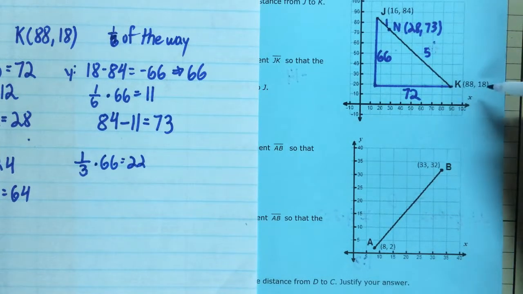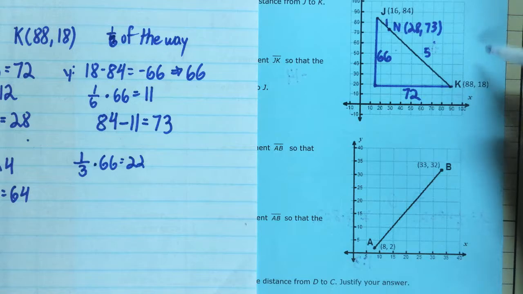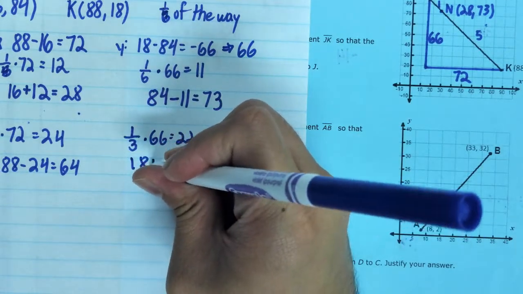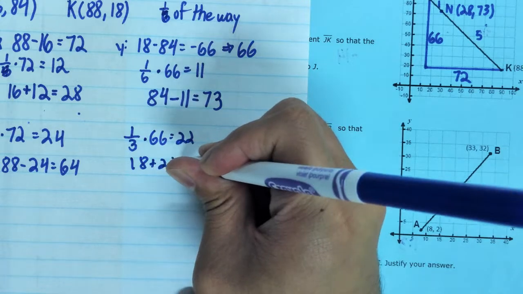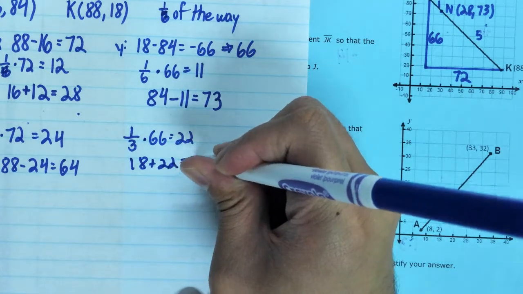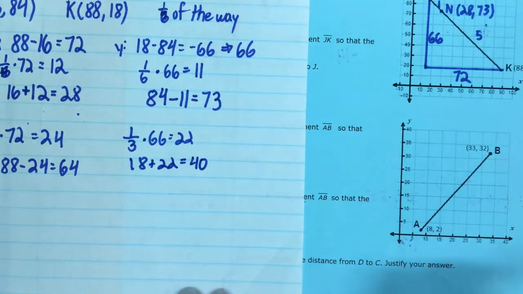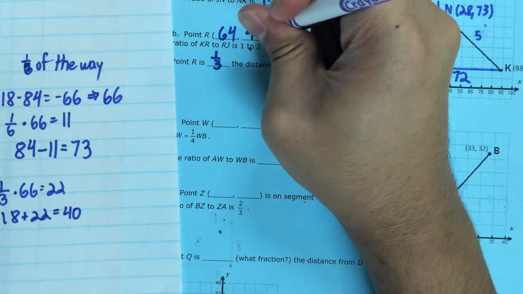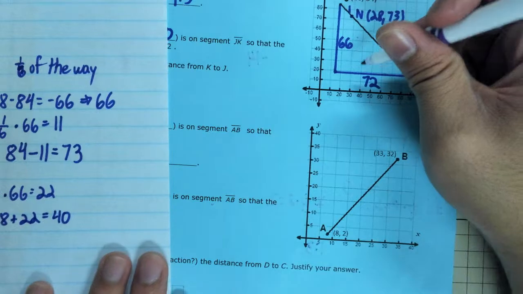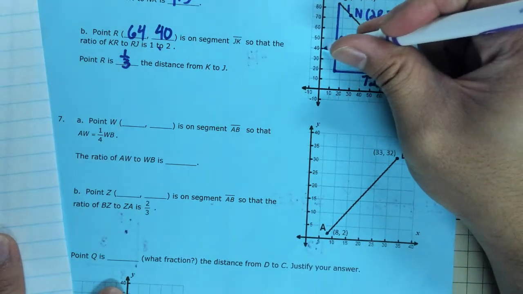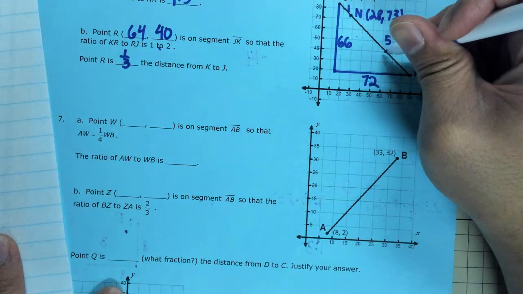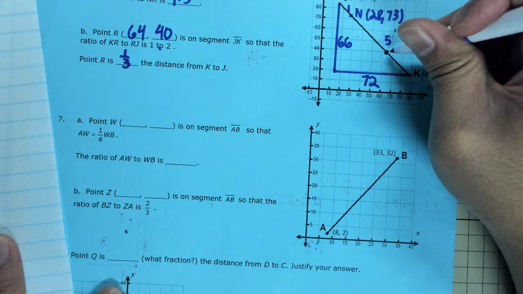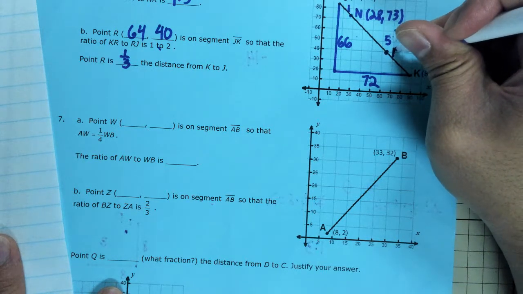Going up means plus, so 18 plus 22 to get me 40. That means my y is at 40. So on my graph, I see 40 for the y. 66 is right about here. And this is point, they called it letter R.